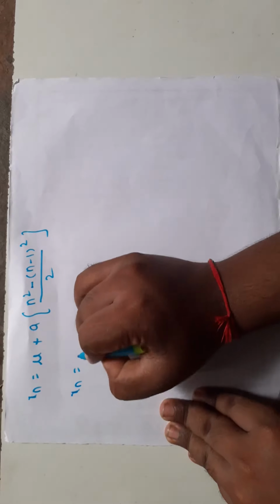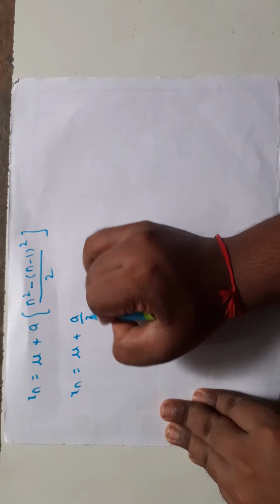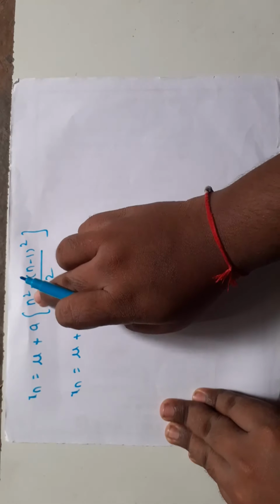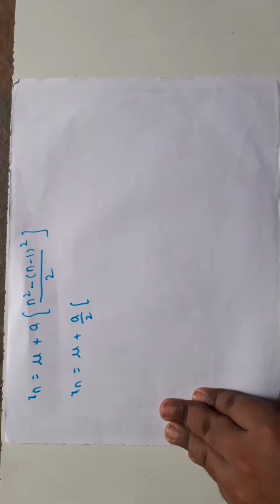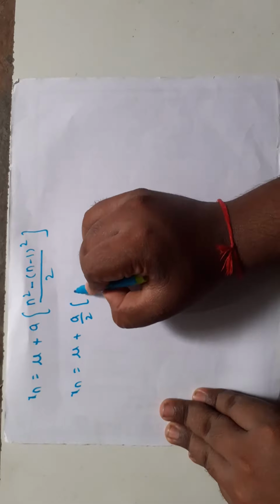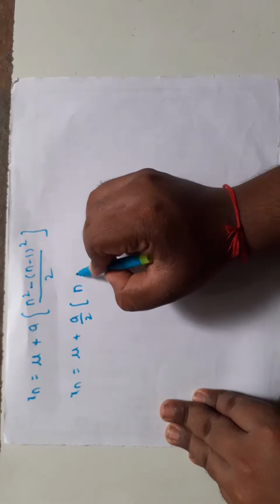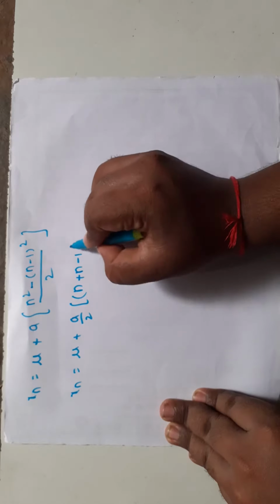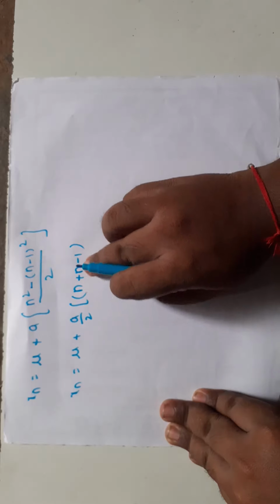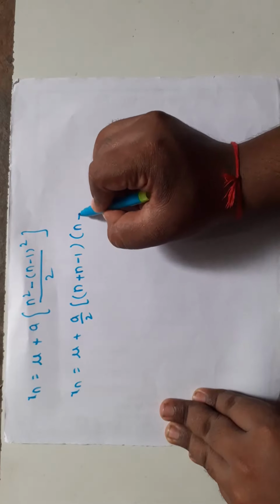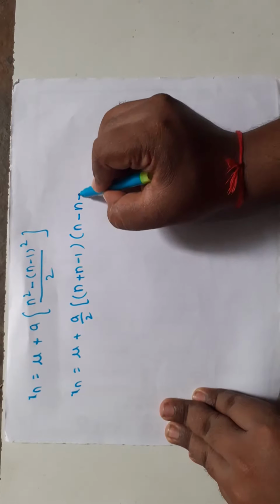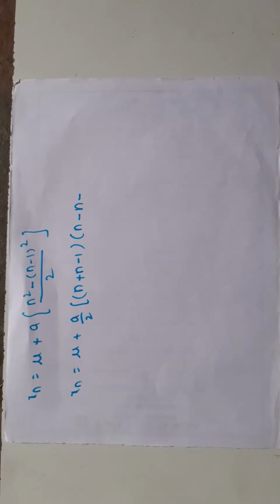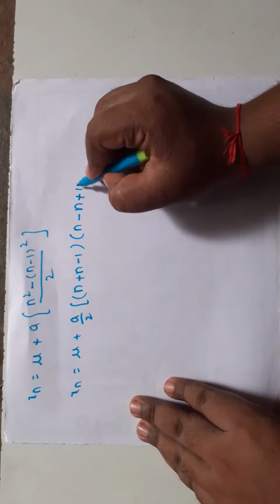So xn equal to u into a by 2, a squared minus b squared. What is the formula? A plus b into a minus b. So first of all, a plus b is a plus n minus 1, this is the a, this is the b. A plus b, a minus b, n plus 1.